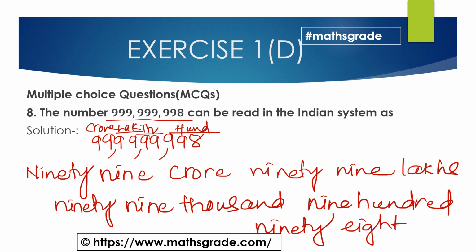We have to place commas after 2 digits in the Indian system, so it will be 99 crores, 99 lakhs, 99 thousands, 998.